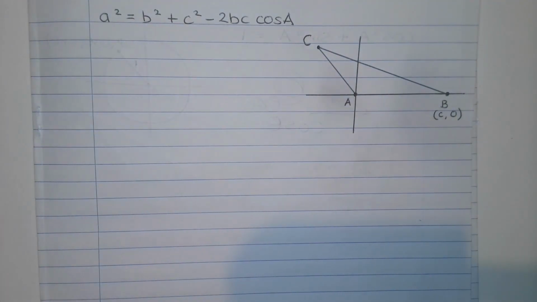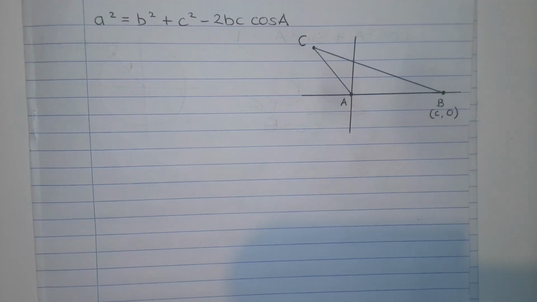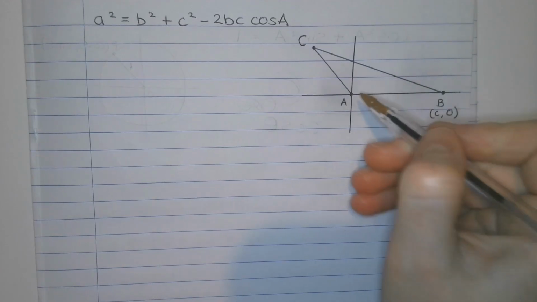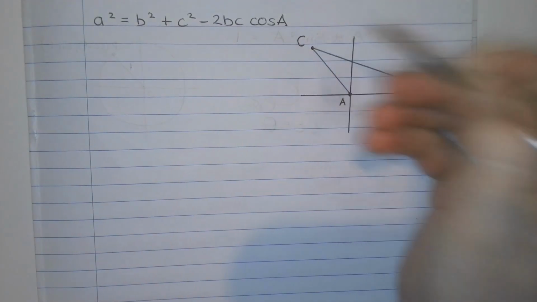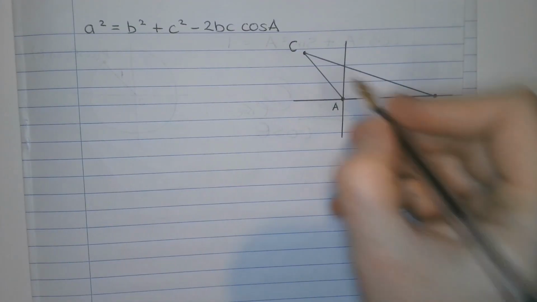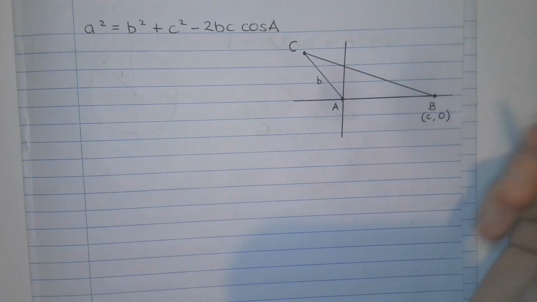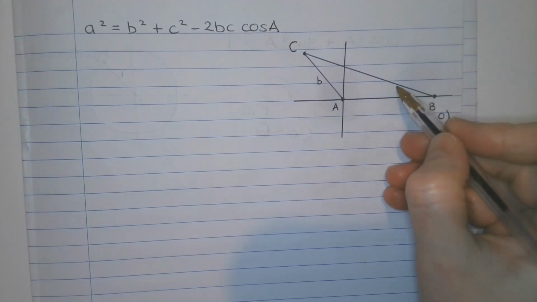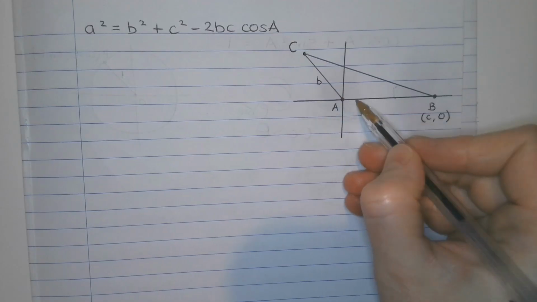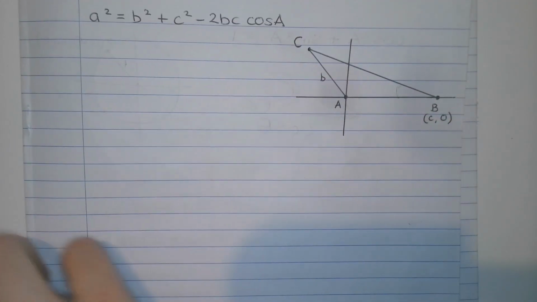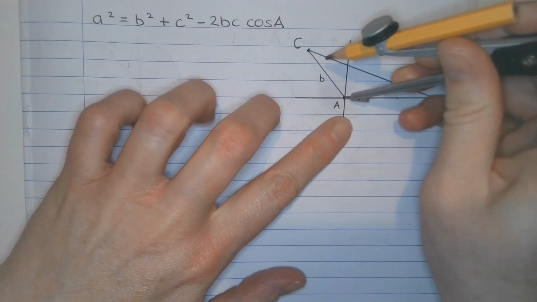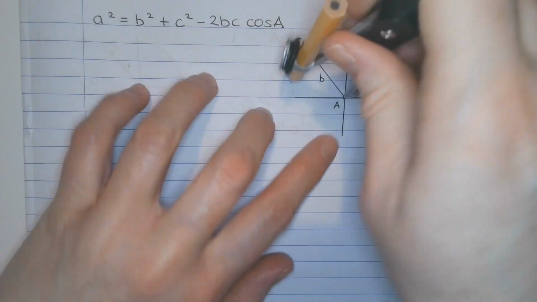What we'll then do is draw a circle with a radius length of AC, which would be, in theory, lowercase b as a side, given that this would be the angle B, and this would be the angle A. So we're going to draw a circle with that radius.